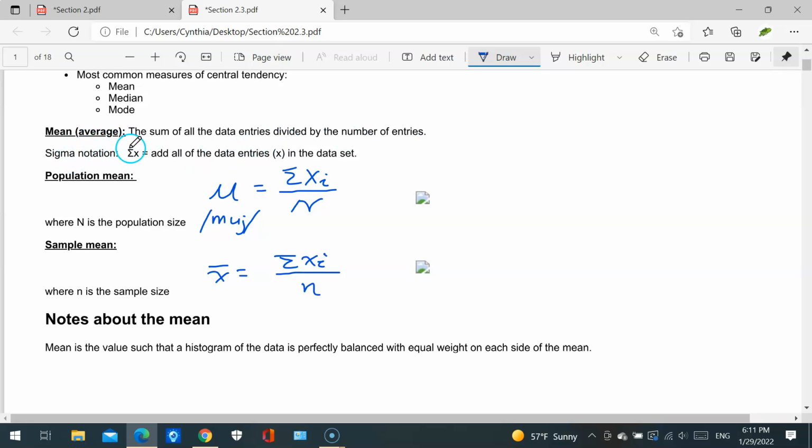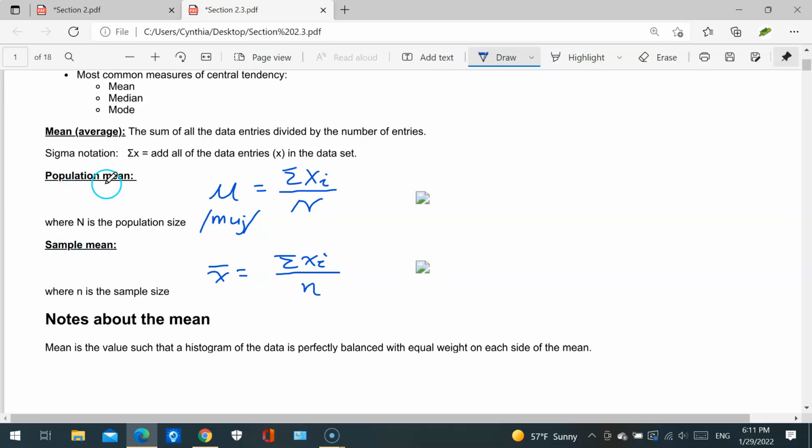In sigma notation, this is a summation, which is when we add all the data entries. X represents the data entry. Here, the textbook distinguishes the mean into two parts: one part we call the population mean, another part we call the sample mean.